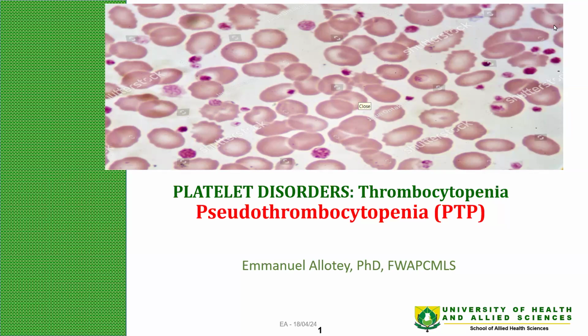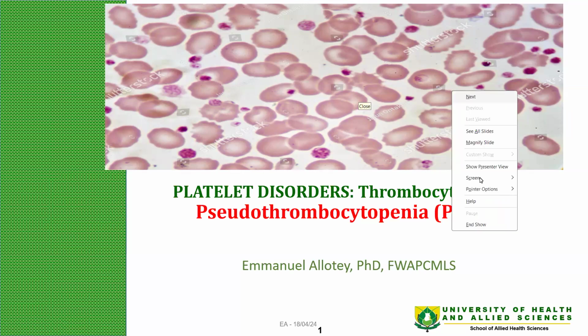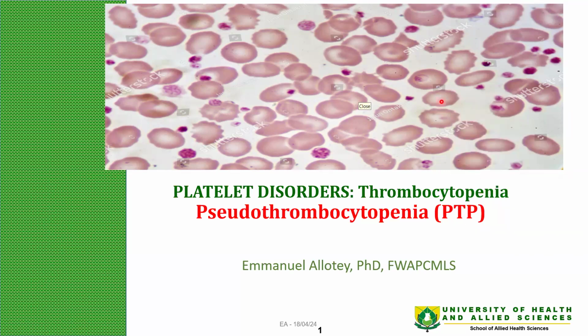If we look at the screen now, in this film, we can just see a lot of red cells. Yeah, so all these are red cells in the background. But then aside the red cells, we have these other smaller bodies, which stain a bit more purple in color.